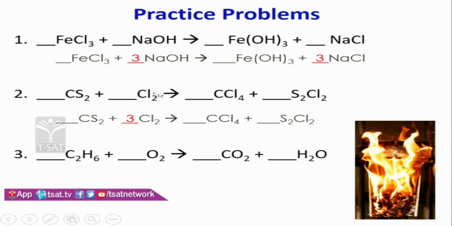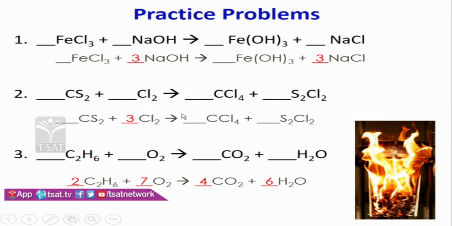Next, carbon disulfide reacts with chlorine gas to give carbon tetrachloride and S2Cl2. CS2 carbon disulfide reacts with 3 molecules of chlorine to give 1 carbon tetrachloride molecule and 1 S2Cl2 molecule.